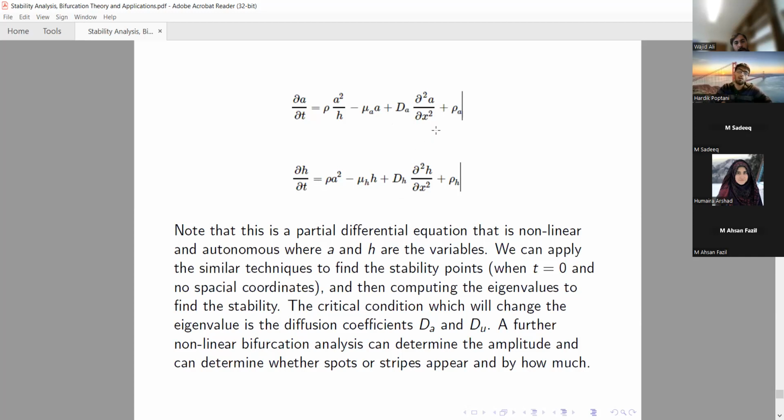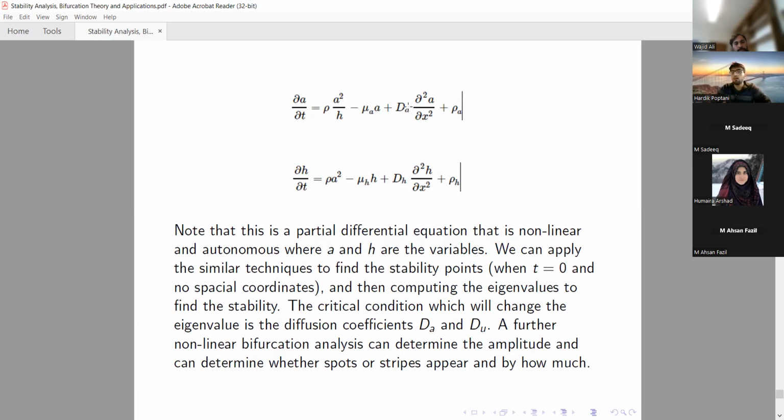Since this is a PDE, as we are also considering space, the chemicals not only grow in time, but they move around in space in order to form a pattern. So d_A and d_H are diffusion coefficients. This is nonlinear, and also autonomous because we do not have an explicit dependence on time.